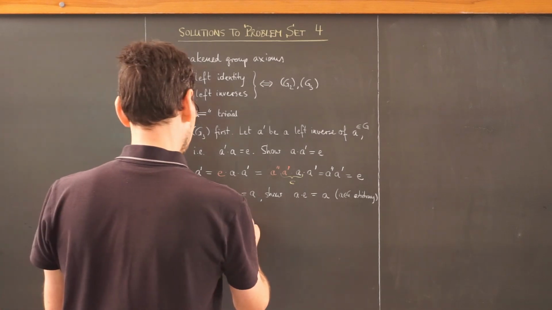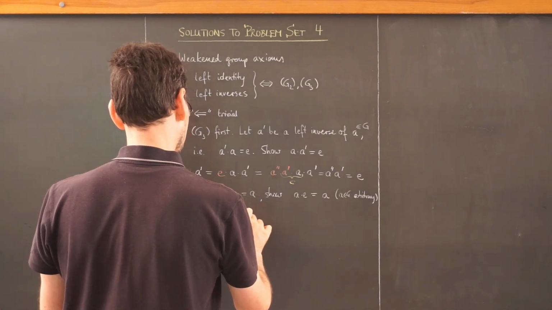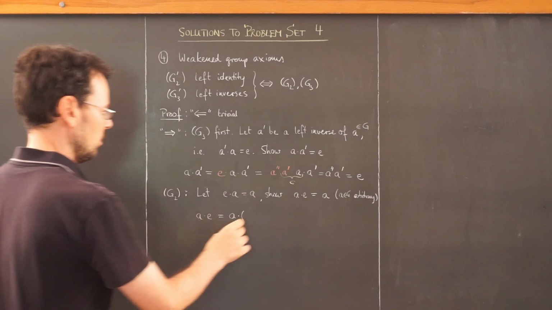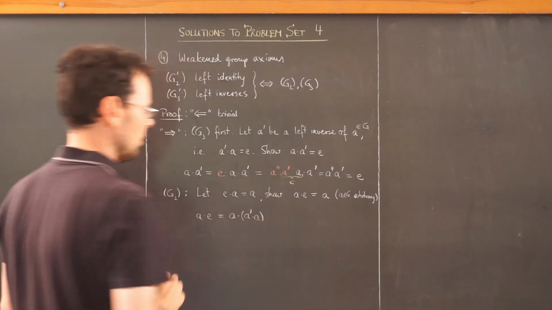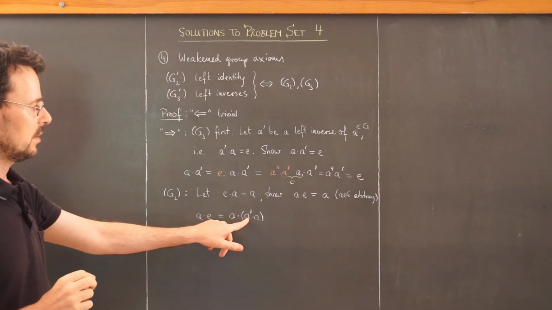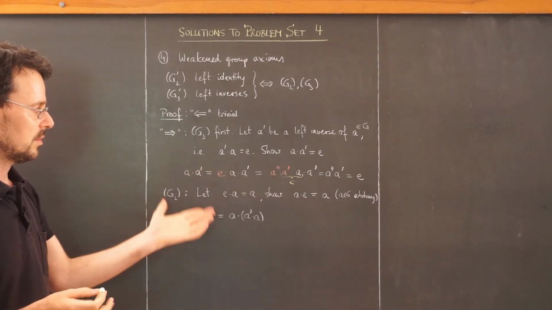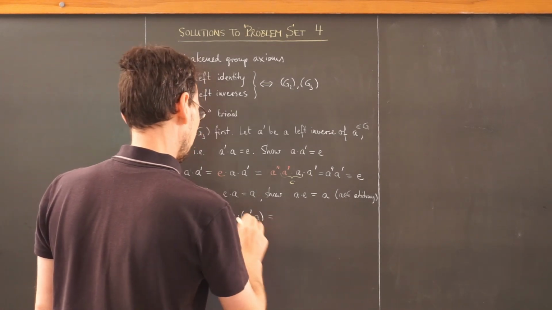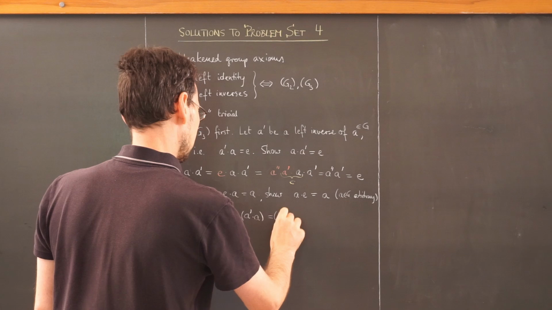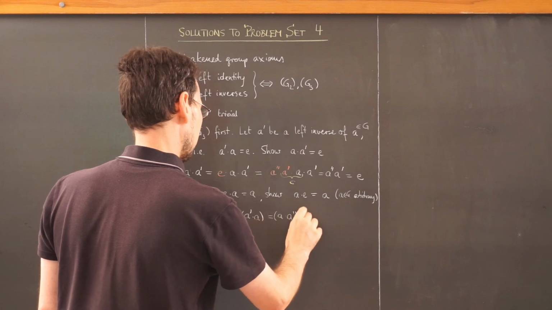We have E can be written as A prime A, A prime being the left inverse, but we also know it's also the right inverse. By associativity, let's write it like that.